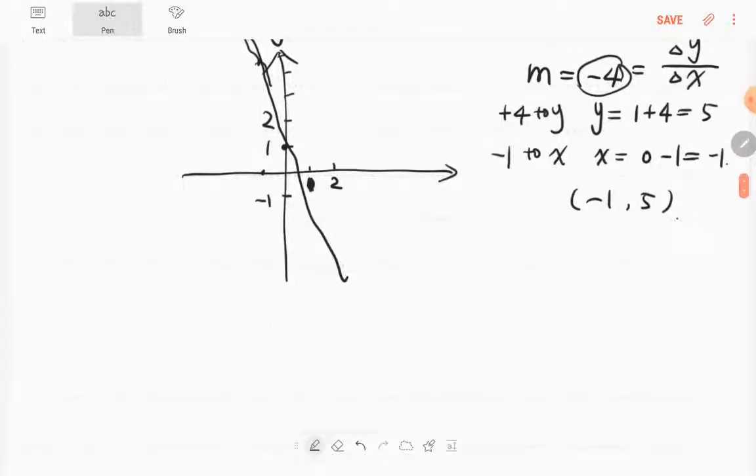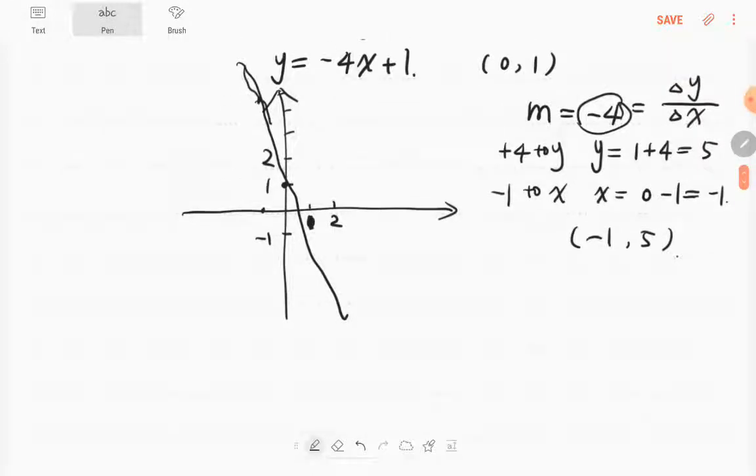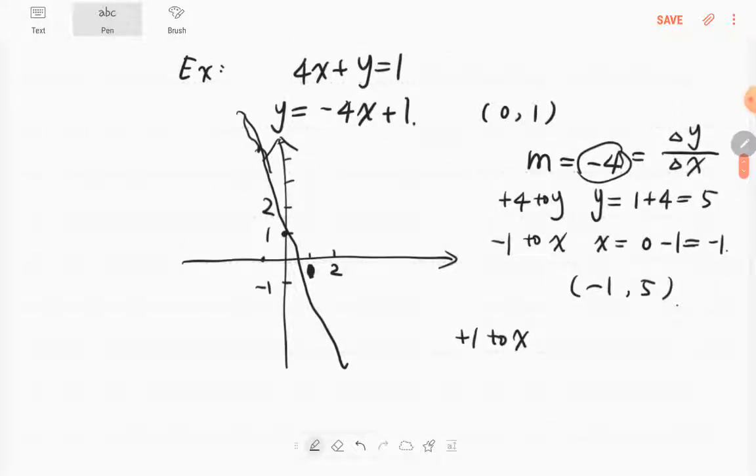Of course, you can find another point. This time, if we want to change x first, x increases 1 unit, so plus 1 to x, from 0 to 1.